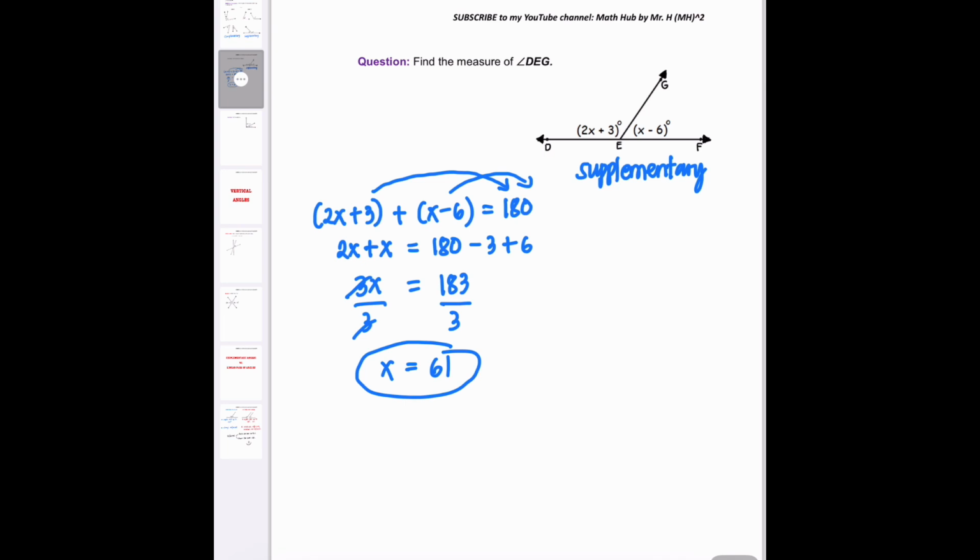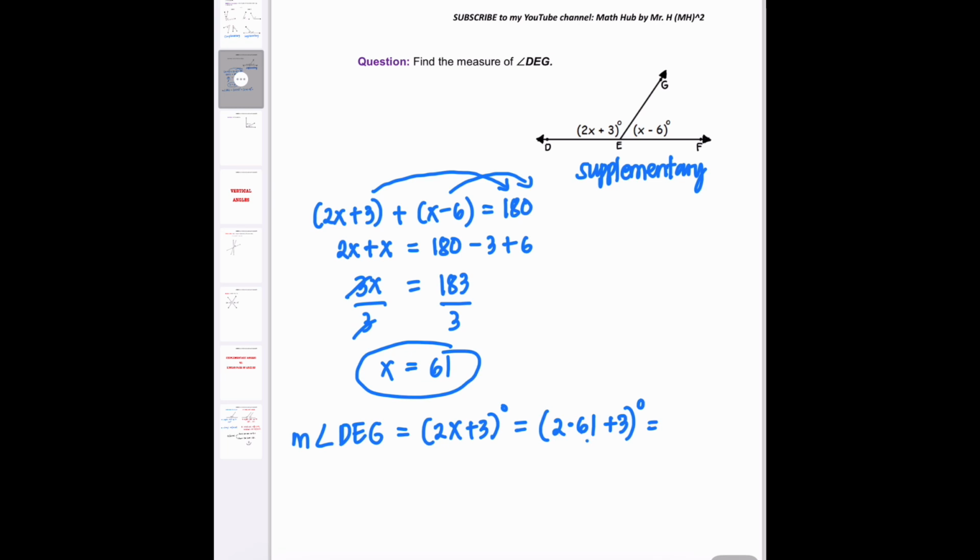So to find the measure of angle DEG, we're going to take 2x plus 3. And from here, we plug in the value of x, which is 61. So we're going to have 2 times 61 plus 3.